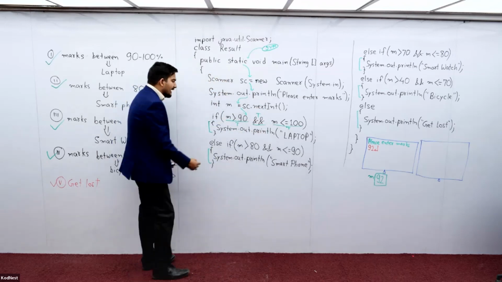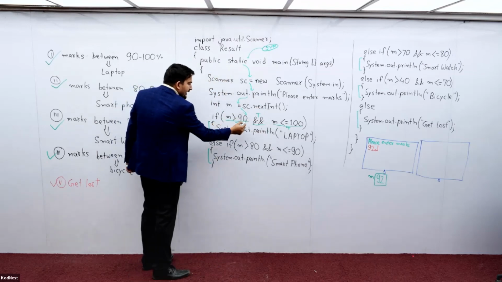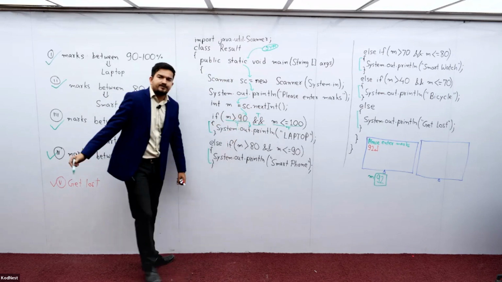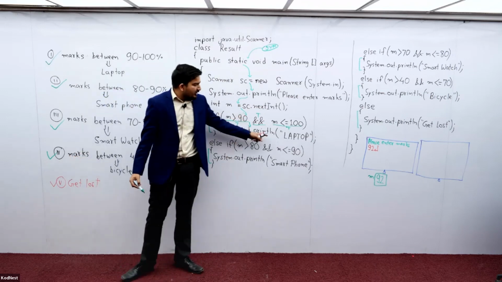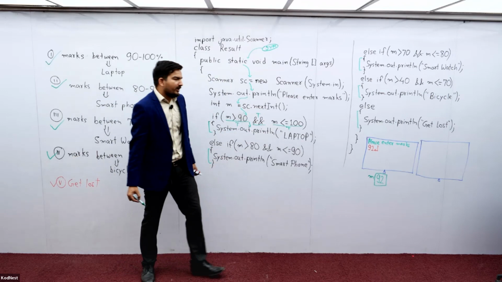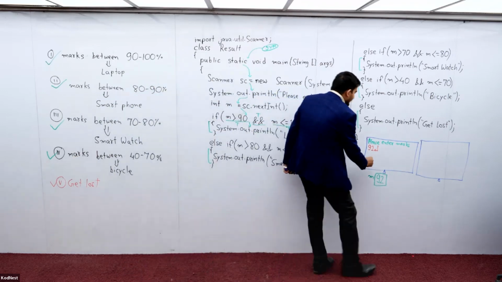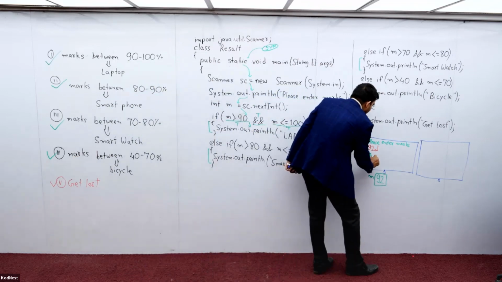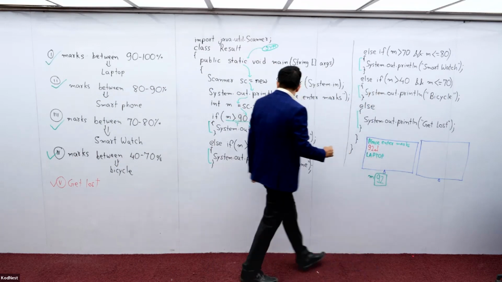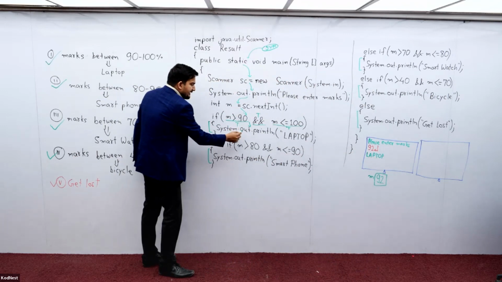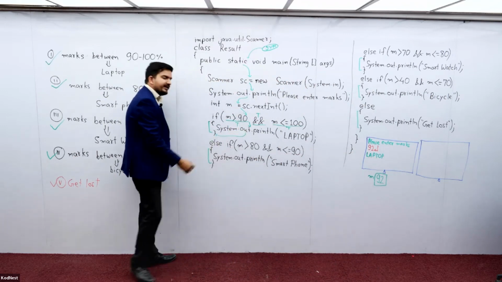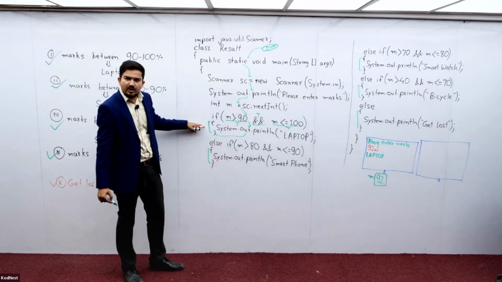If the condition happens to be true, control is going to enter this if block. System.out.println, what is a laptop? Onto the computer screen, what is it going to print? It is going to print laptop. No more statements inside the if block. Where will the control go after executing the if block?